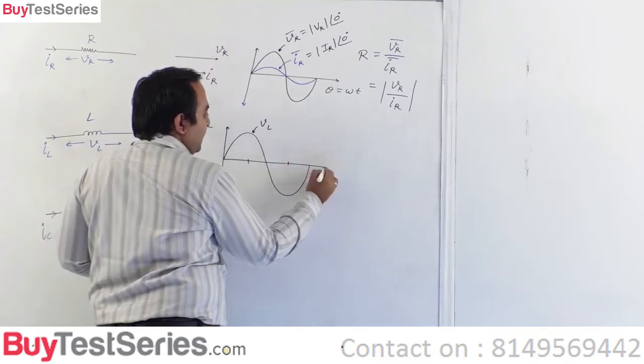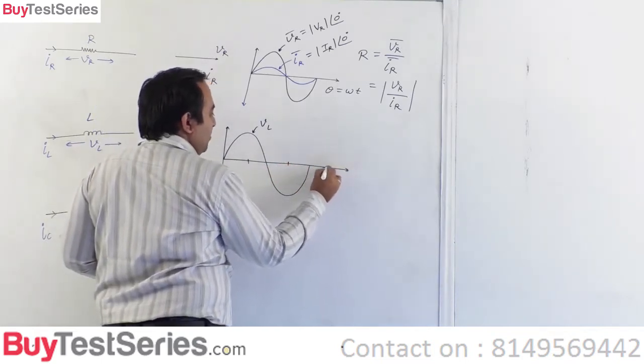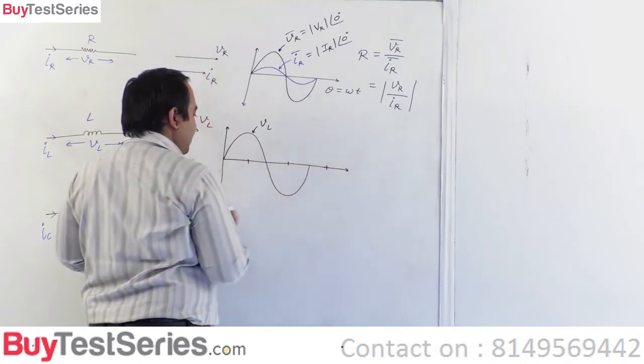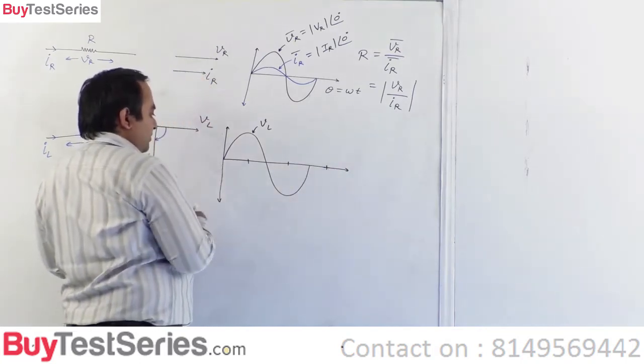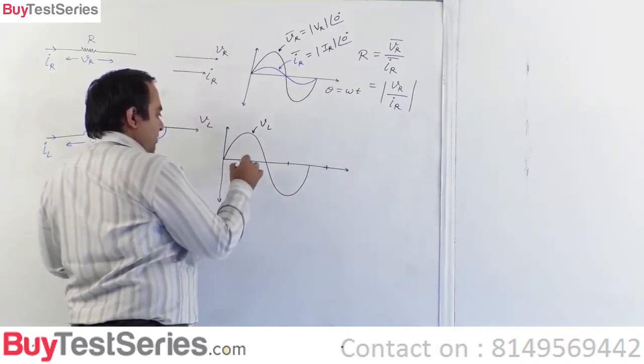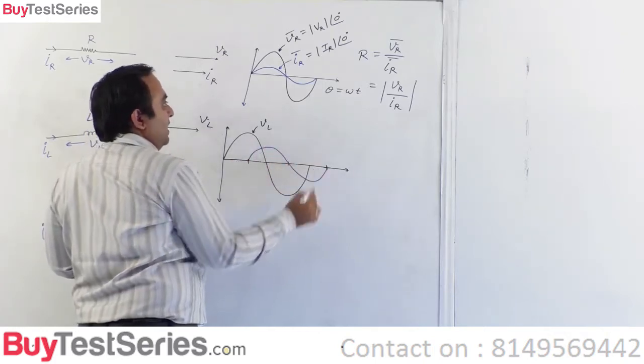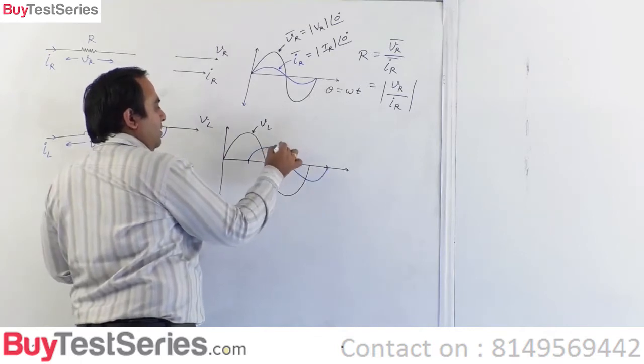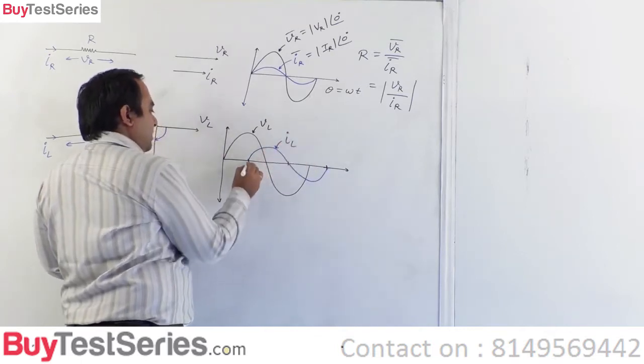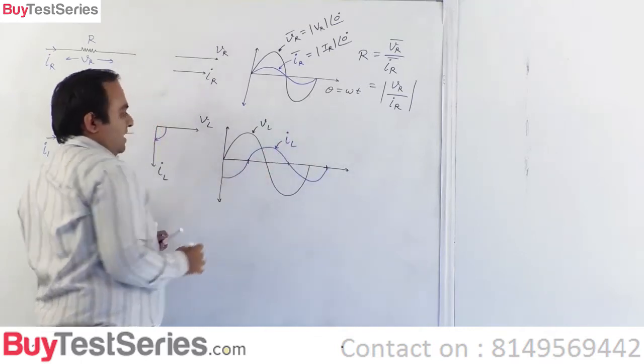Lagging by 90 degrees will shift the waveform towards the right by 90 degrees. So you will have this as the waveform of IL, and this can be further extended like this.